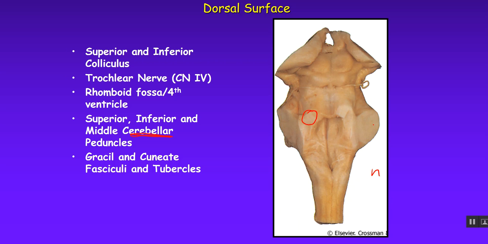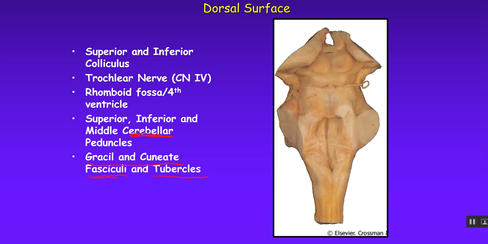The other thing, last thing on the back side here, is the gracile and cuneate fasciculi and tubercles. Remember, a fasciculus or fasciculi, multiple fasciculi, are where just fibers or axons are running. And tubercles are these bumps on the surface of a nervous system structure, and generally there's some cell bodies below these tubercles.